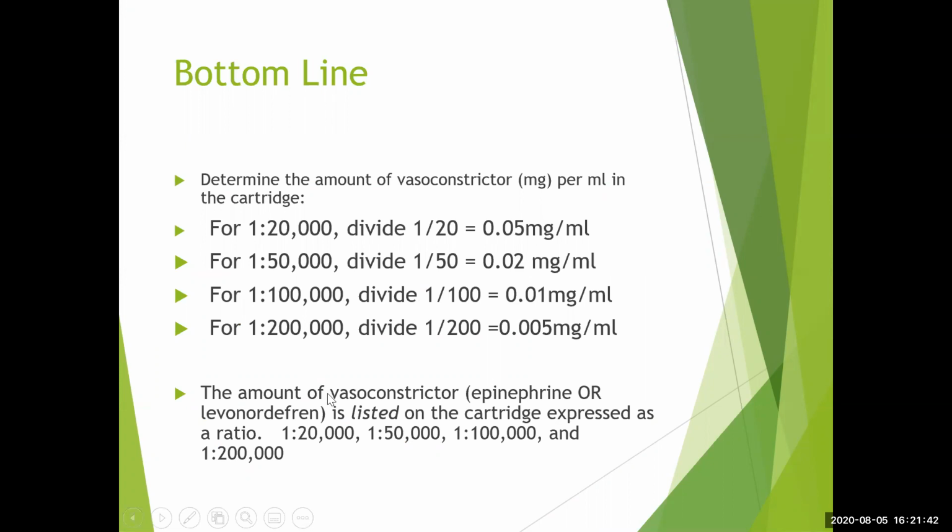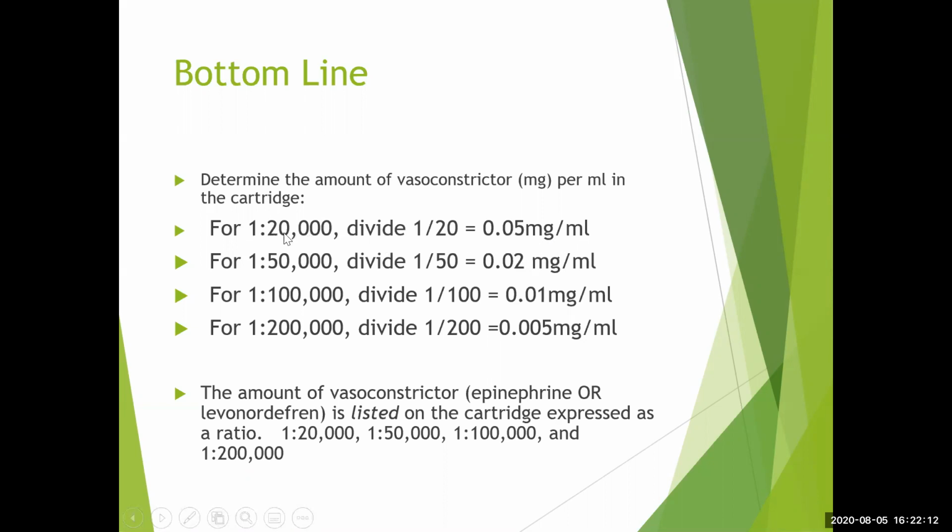So all you need to do to figure out the amount of milligrams of vasoconstrictor per milliliter in the cartridge is just take the ratio, for instance, 1 to 20,000, just take off those last 3 zeros and then divide. So you want to divide 1 by 20 for a 1 to 20,000 formulation, and you get 0.05 milligrams per milliliter.